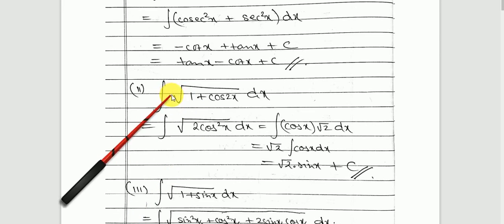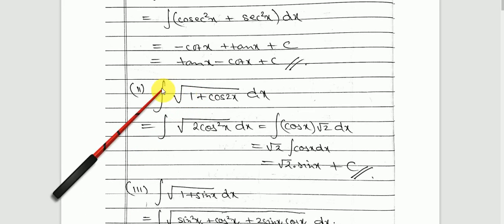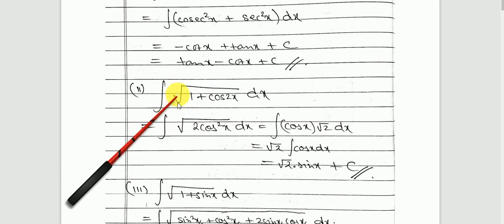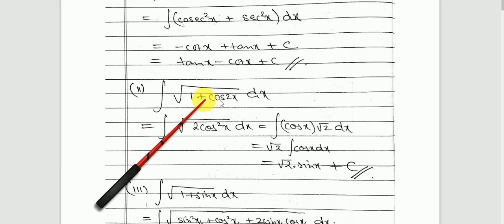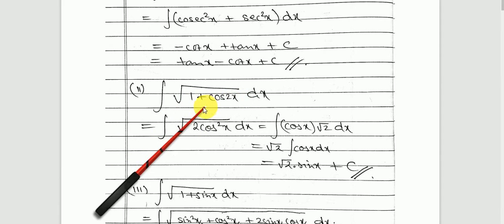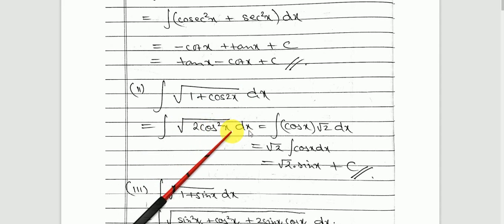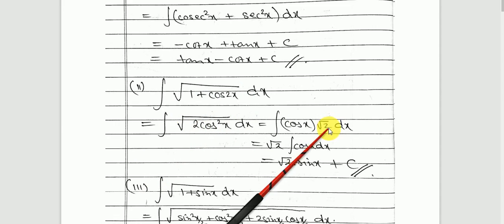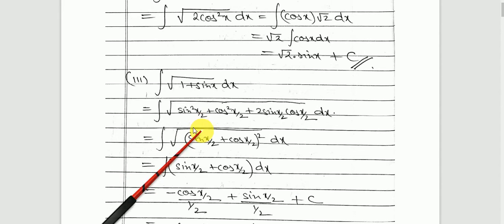Now next is integrate square root in, do the integration of square root of this 1 plus cos 2x. So you know the formula. This can be written as 2 times cos square x, and there you can proceed on. 1 plus sin x can be written as this.